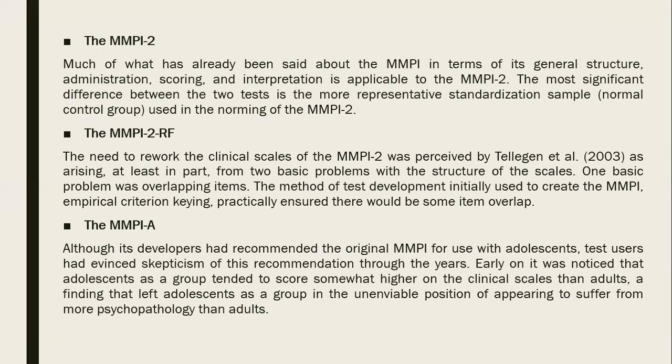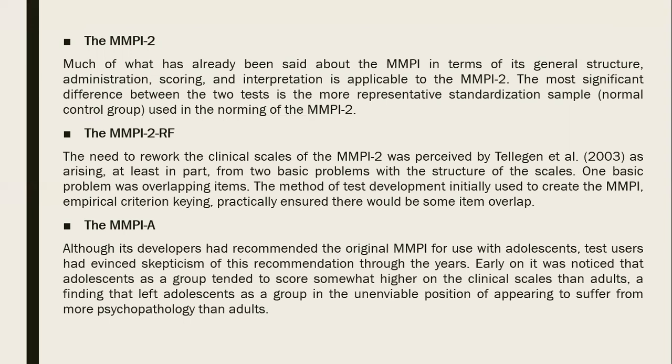For the MMPI-2, much of what has already been said about the MMPI in terms of its general structure, administration, scoring, and interpretation is applicable to the MMPI-2. The most significant difference between the two tests is the more representative standardization sample, or normal control group, used in the norming of the MMPI-2.